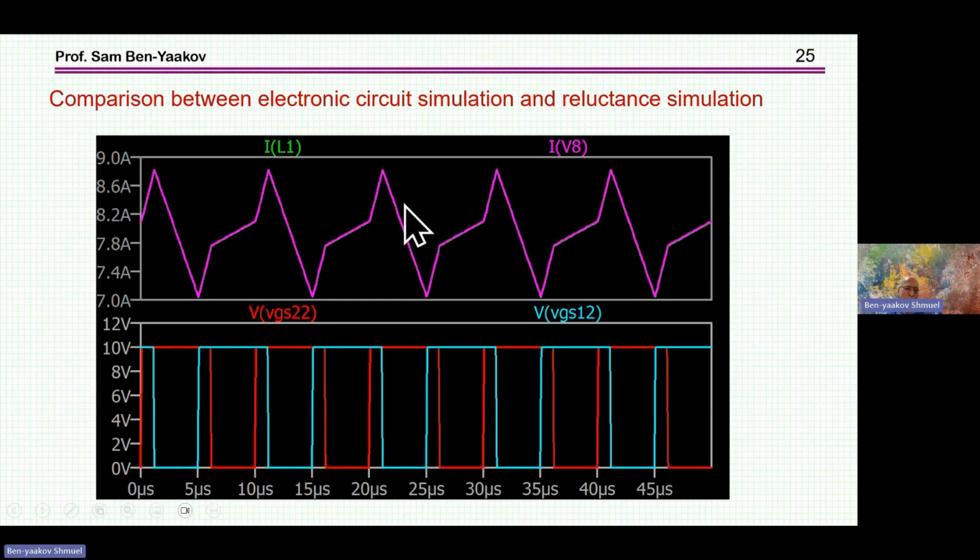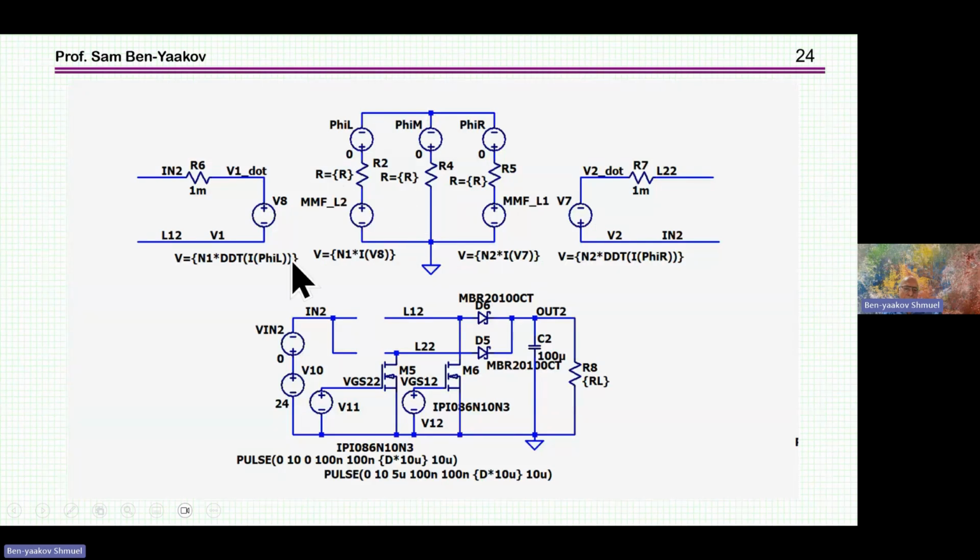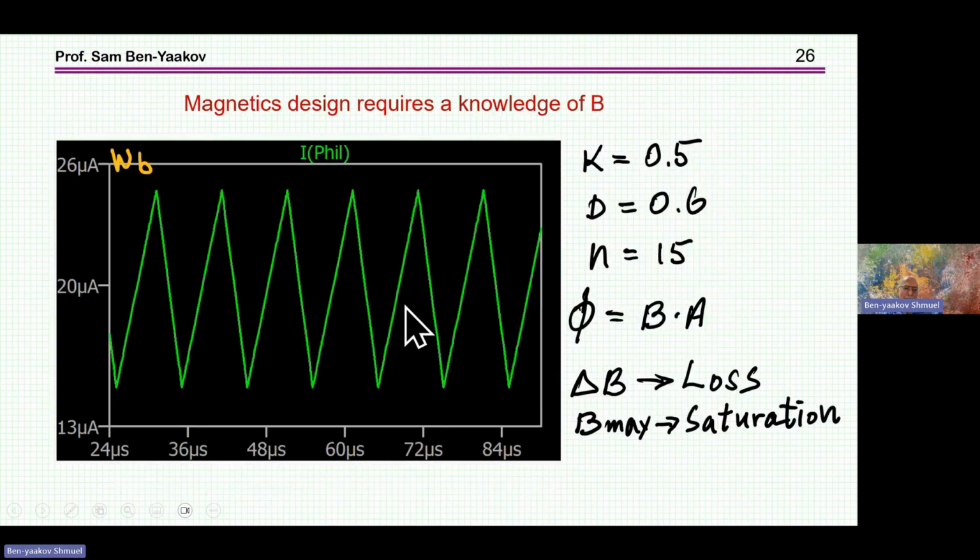I need it because if I run it like this, I can get information which is not available in the electrical domain, like the flux. For example, I can see what the flux is in a given part of this structure.